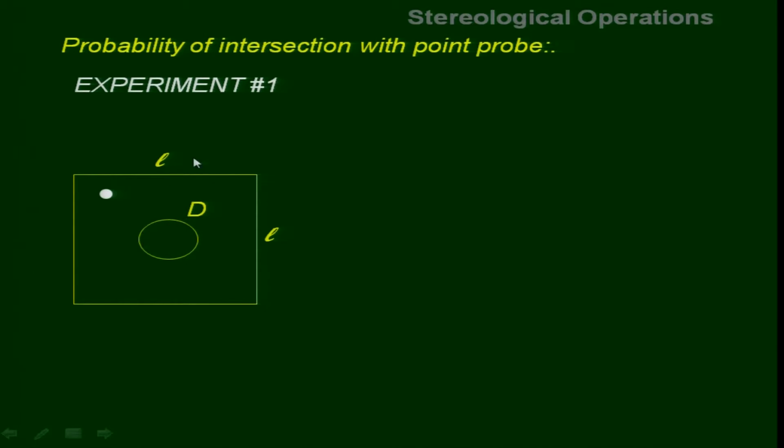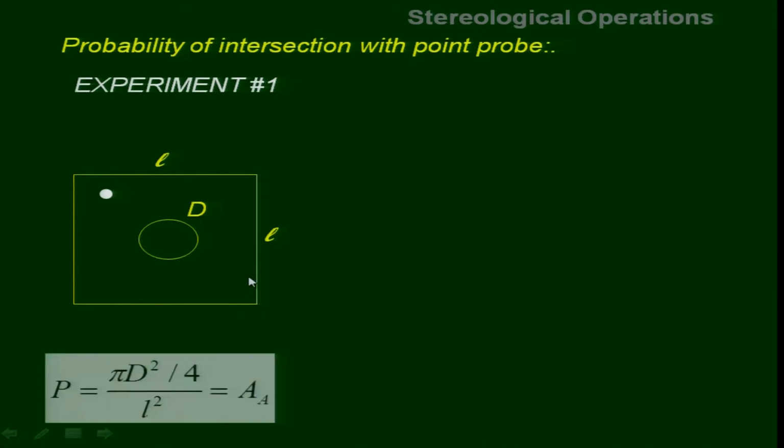If we think about it a little bit, it should become evident that the probability of the point falling inside the circular shape is nothing but the area of the circle divided by the total area of the box containing the shape.